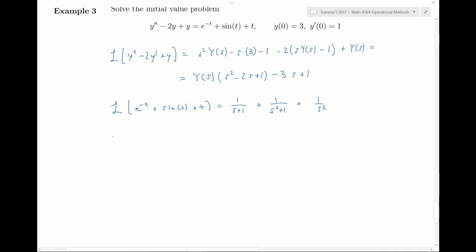Therefore, if we set these things equal to each other, we get that Y of s times (s squared minus 2s plus 1) minus 3s plus 1 equals the Laplace transform of the right hand side.